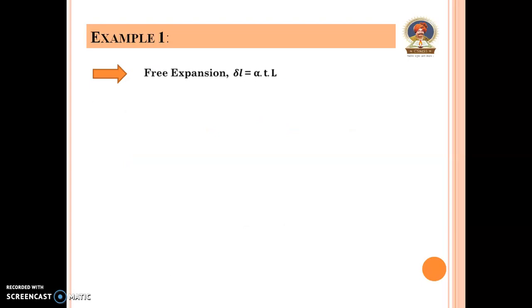So first of all we have to calculate the free expansion, delta L, which is equal to alpha into T into L. First we have to calculate the rise in temperature. T is equal to T2 minus T1, which is equal to 70 minus 10. Therefore T is equal to 60 degrees Celsius.